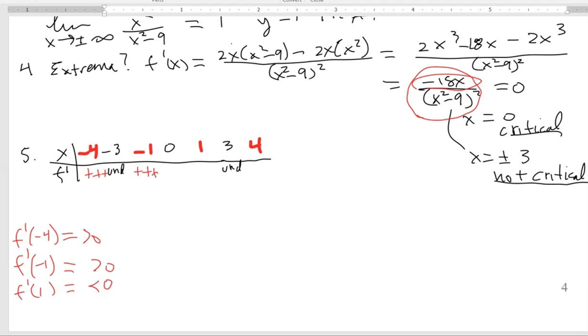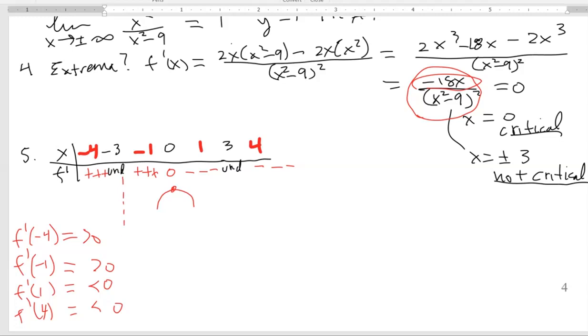Oh, by the way, here it's 0. That was 0, and it's negative over here. And at 4, f prime of 4, well, we will get a negative again, less than 0. So it's negative over here. So that tells you something. In here, we've got a maximum.